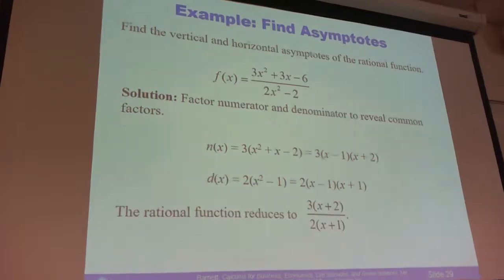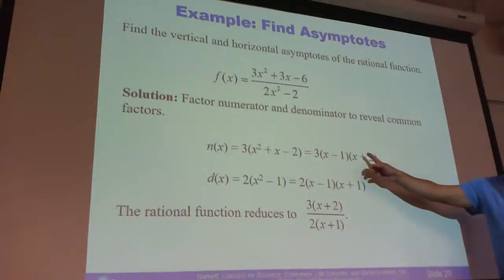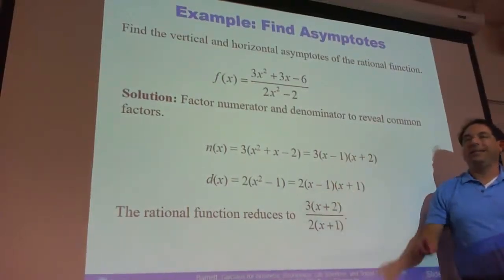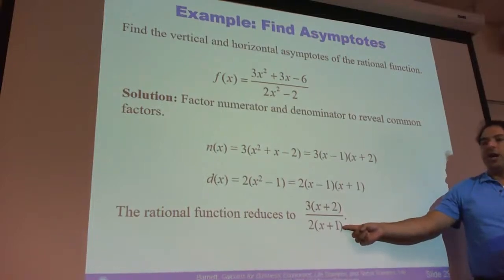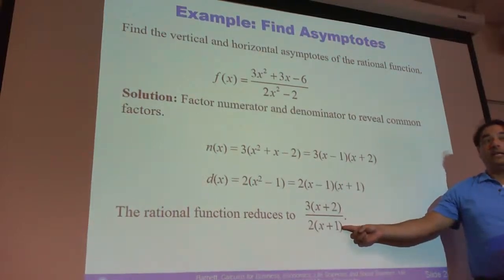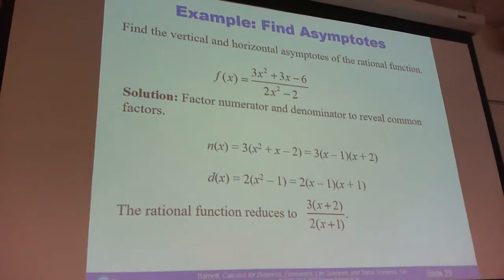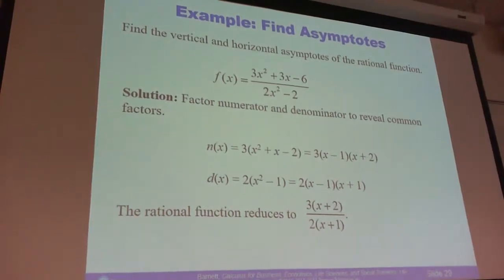Which means the x minus 1 and the x minus 1 cancel, simplify to 1. Now, what can the denominator not be? Negative 1. The denominator cannot be negative 1. Again, I can teach you vertical and horizontal asymptotes, but the factoring is going to be the tough part. It's the algebra where it always goes back to.